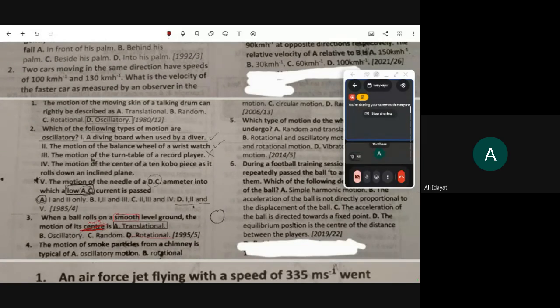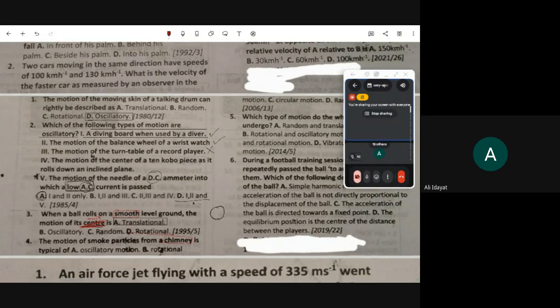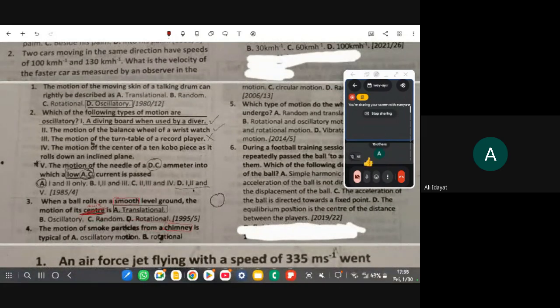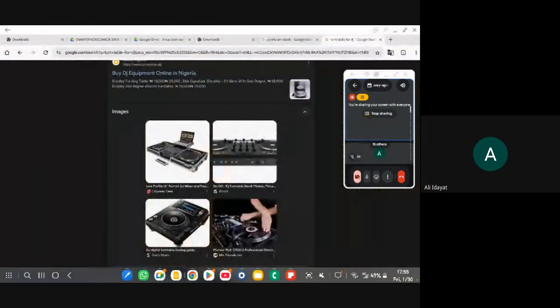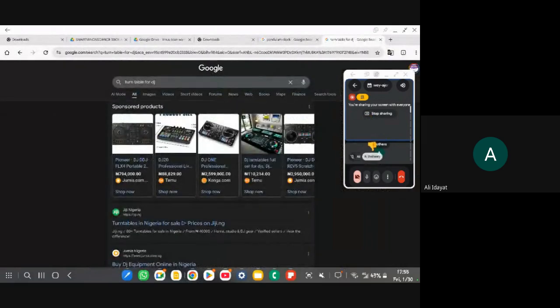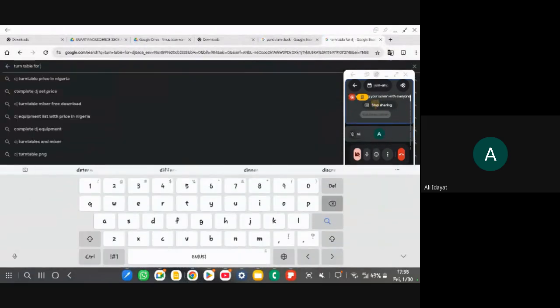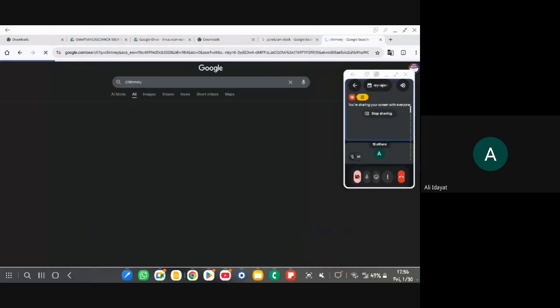So the motion of smoke particles from a chimney is typical of... I don't know if that's the correct pronunciation. I'm not an English teacher, please. It can be chimney or chimney. Have you seen a chimney before? Let me show you. That's the beauty of doing online class. You can quickly check and see it so that nobody is going to deceive you.